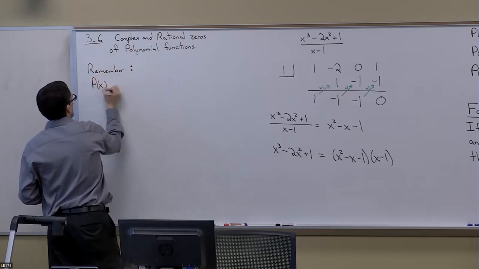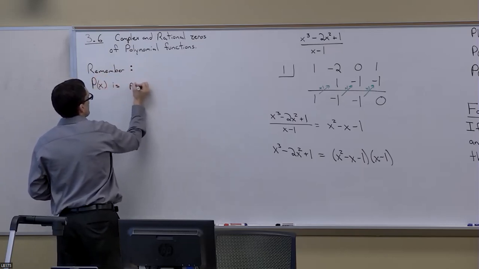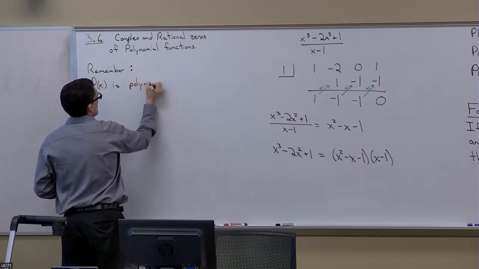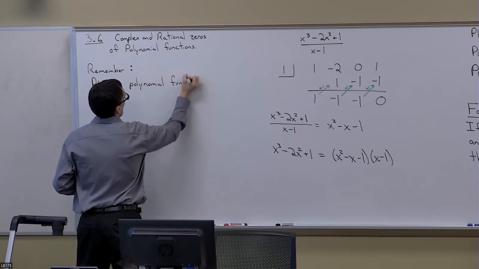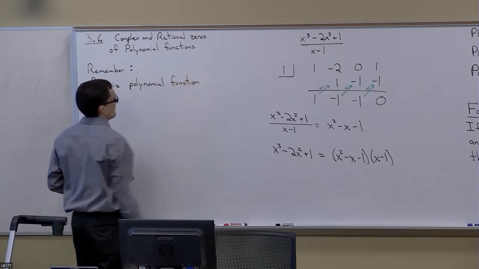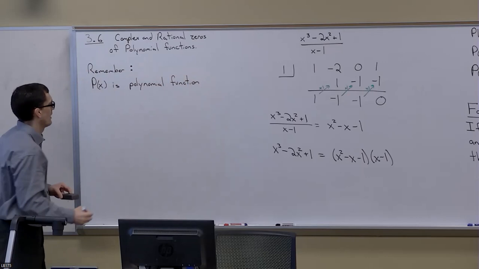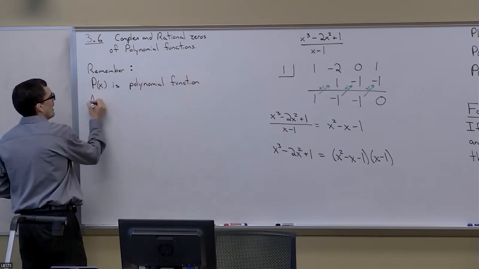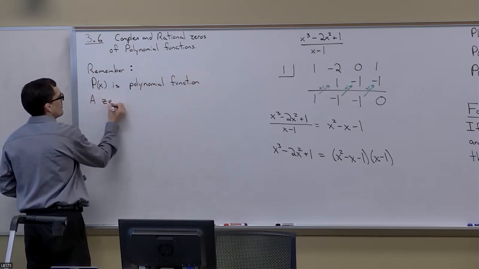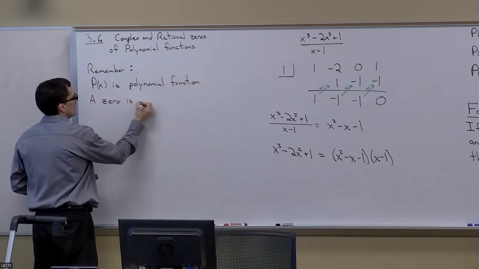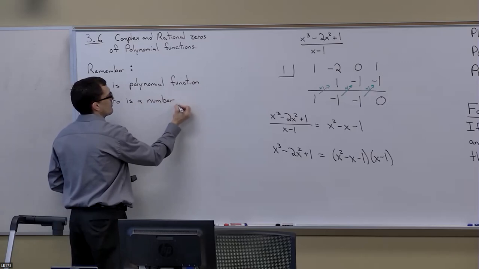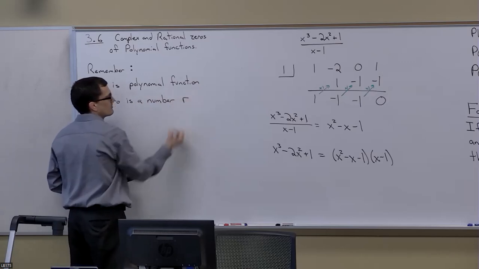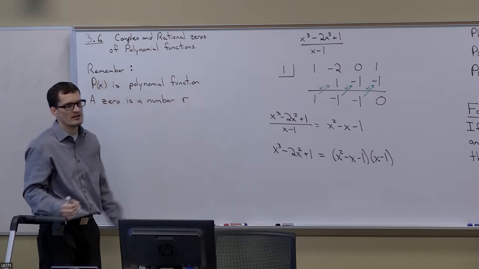If P of X is a polynomial function, or any function really, that doesn't have to be a polynomial function. A 0 is a number, we'll call it R, just because we've been dealing with lowercase r's over there.